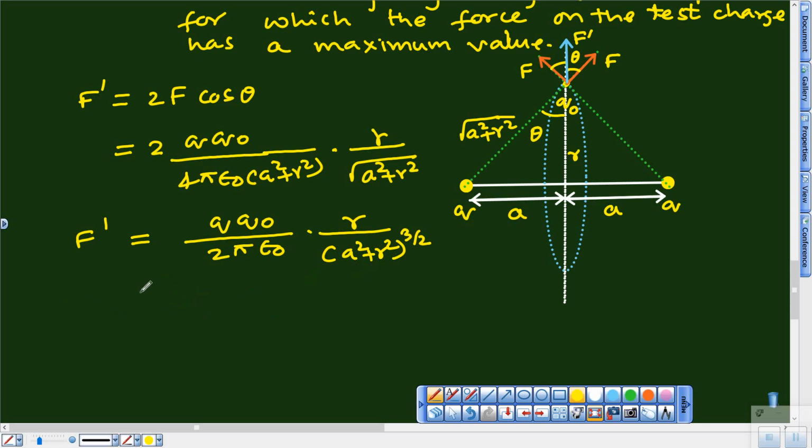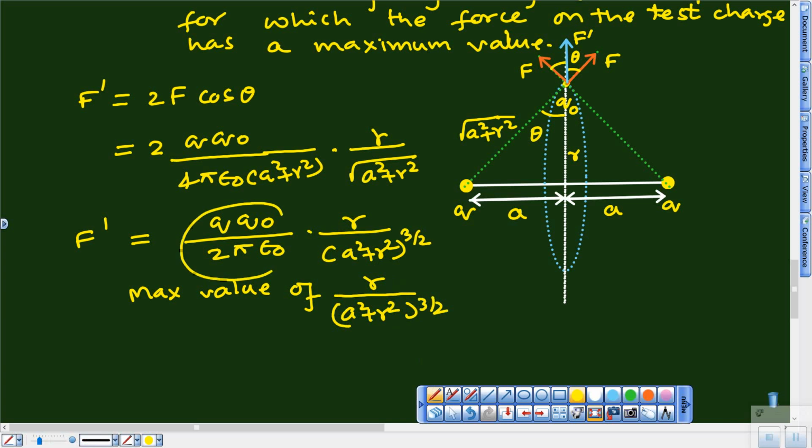After all, I have to find the maximum value of r upon a square plus r square raised to the power 3 by 2, because the remaining part is constant. So I have to maximize this.